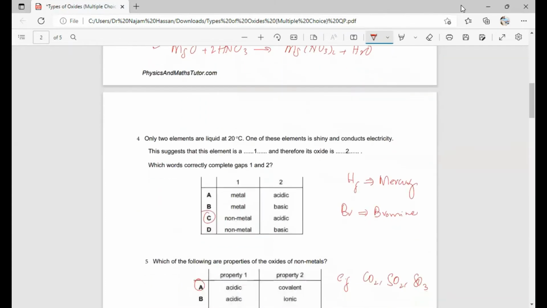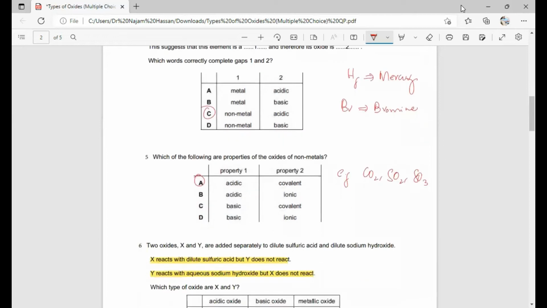Now the fourth question is asking about the only 2 elements that are liquid at 20 degrees centigrade, and the 2 elements are mercury and bromine. Mercury is a liquid metal and bromine is a non-metal. So this suggests that the element is a non-metal and therefore its oxide is acidic, right?